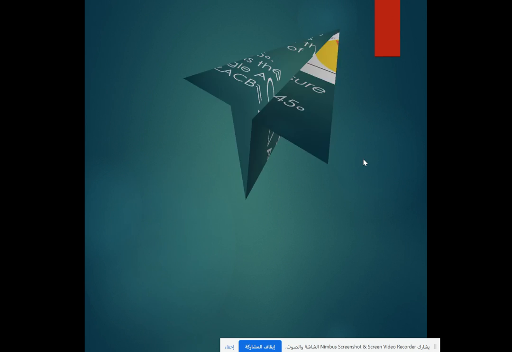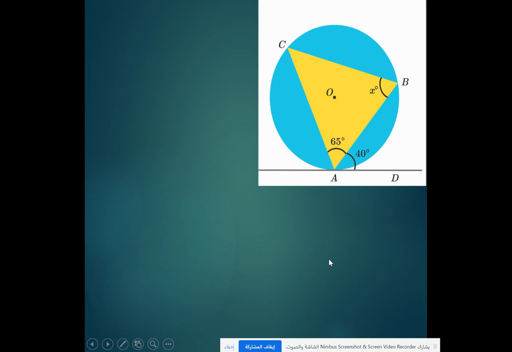Let's have one more example. According to that diagram, he gave you DAB is 40 degrees. And you can say that the angle C is 40 also, according to theorem 12. And at A here, you can see that the measurement of angle BAC is 65.